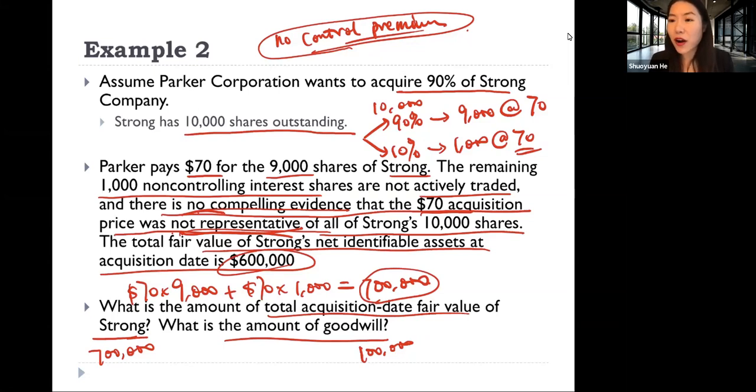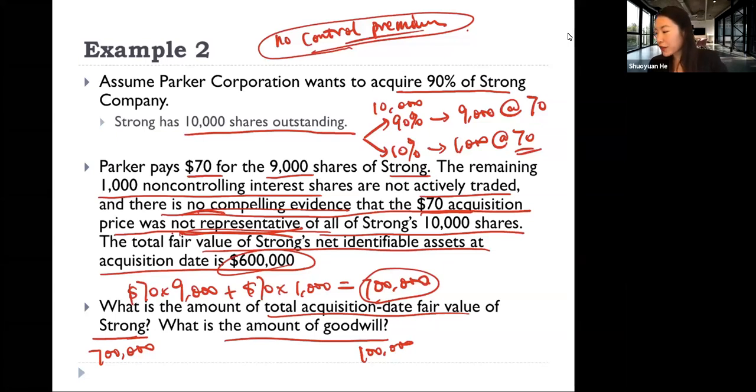And the fair value of all of its net identifiable asset is the sum of all of the assets you can identify with the firm. You sum up the fair value of all of those net identifiable assets. The difference between those two is goodwill.